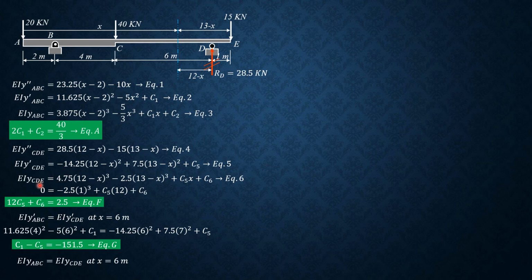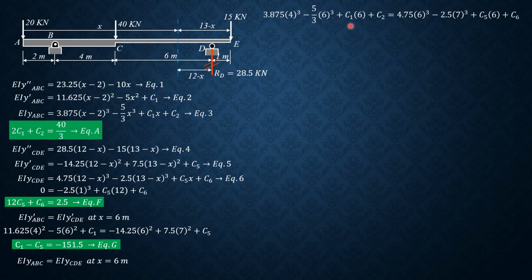So 3.875 times 4 cubed minus 5 thirds times 6 cubed plus c sub 1 times 6 plus c sub 2 equals 4.75 times 6 cubed minus 2.5 times 7 cubed plus c sub 5 times 6 plus c sub 6.